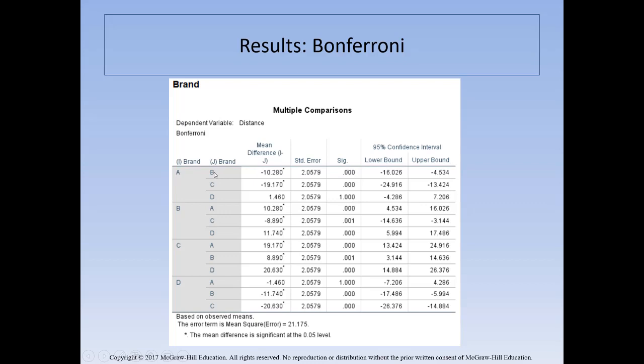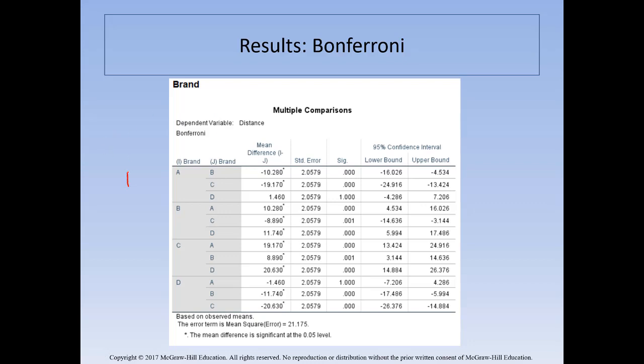Brand A minus brand B, the difference is 10. We know A minus B is minus 10, so that means that B is probably bigger than A, and it's going to be significant. So we can write this down.